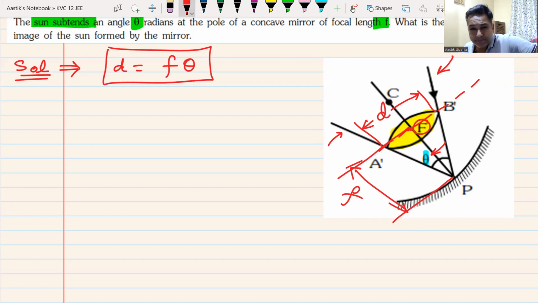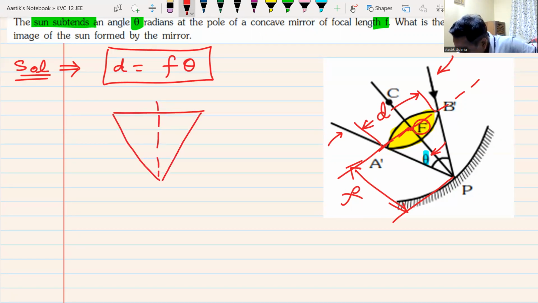Or you can write, if you want to, if you look at this triangle, sort of a right angle triangle, and if I draw that right angle triangle, then probably this will make sense. Remember, this angle is theta. Everyone understands this?